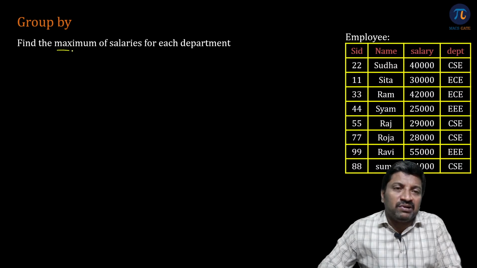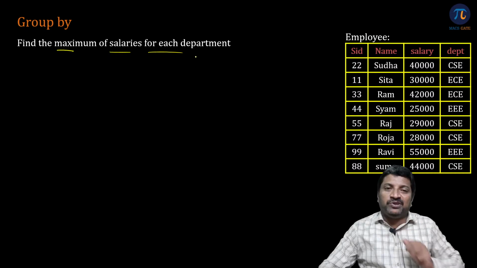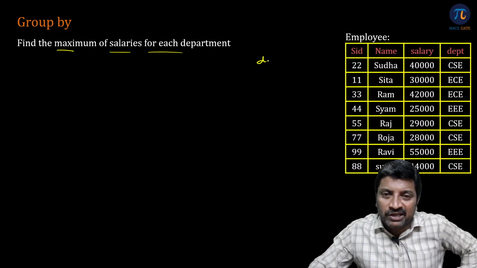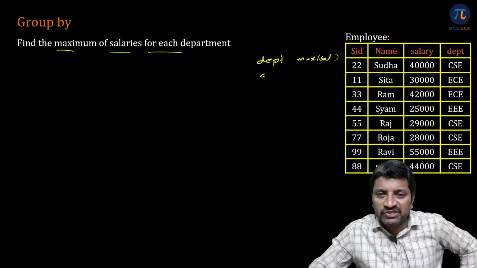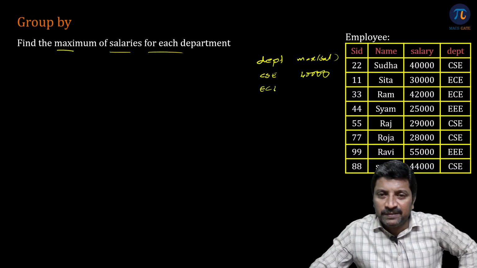Find the maximum of salaries for each department. So look at this. For each department I want. So I need a result like this. Department, comma, maximum of salary. So the first department is CSC. What is the maximum salary in CSC? That is 40,000. Then the second department is ECE.